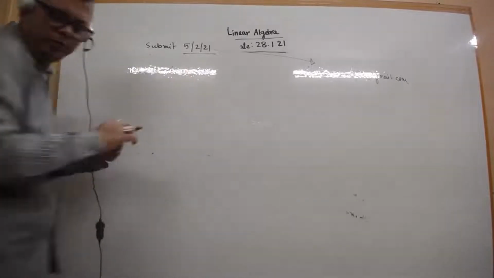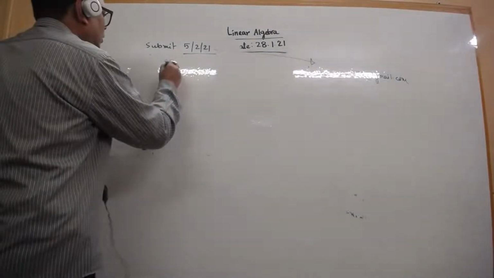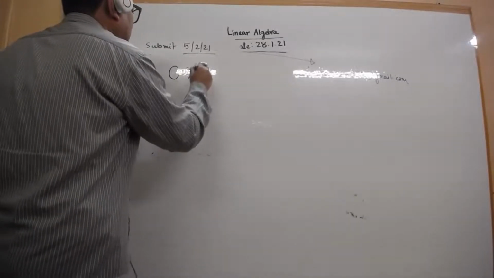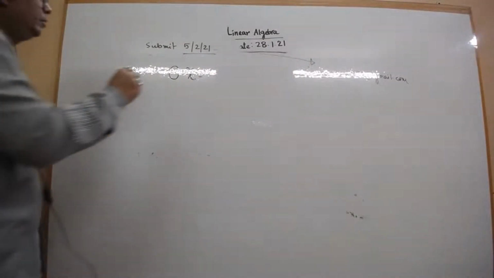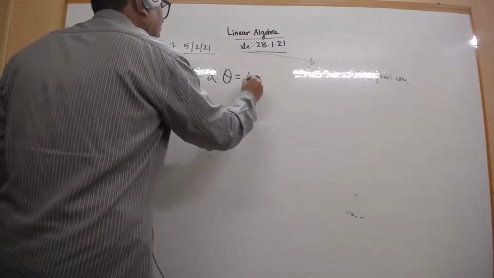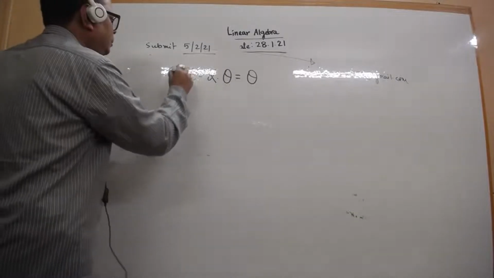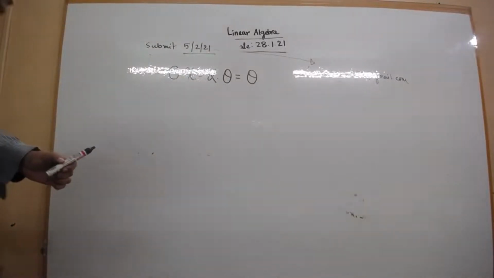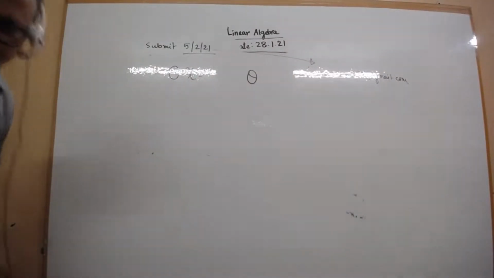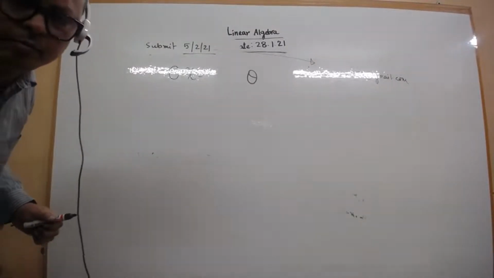0 into x equal to theta, alpha theta equal to theta. Now, I first prove this part: 0 into x equal to theta. 0 into x means what?